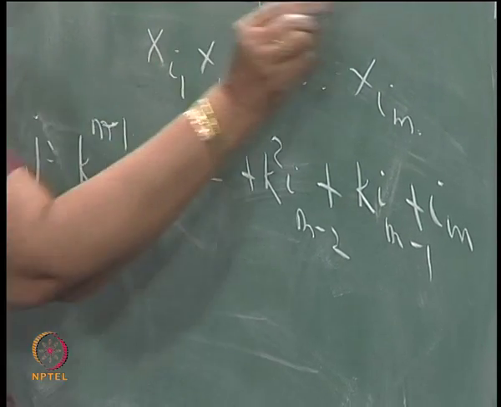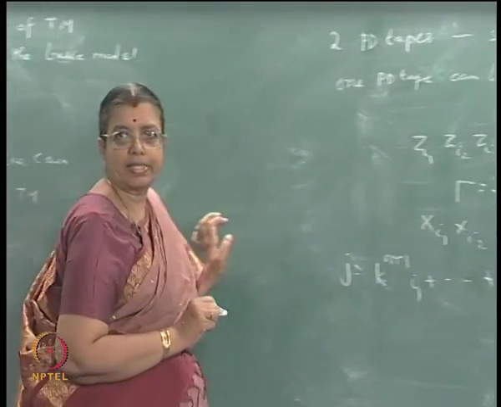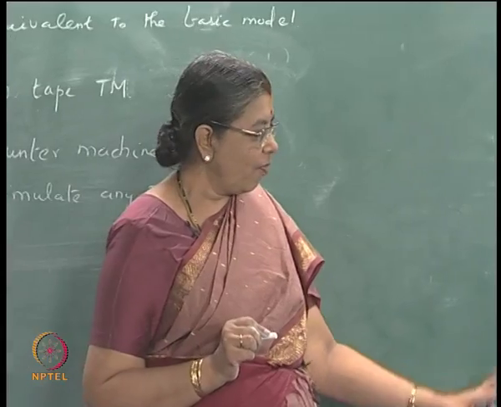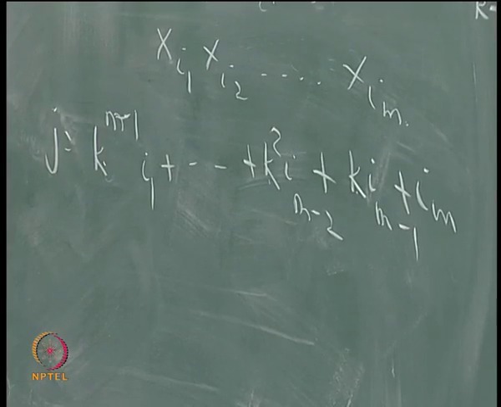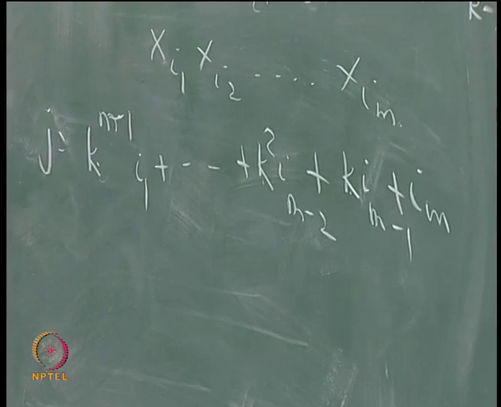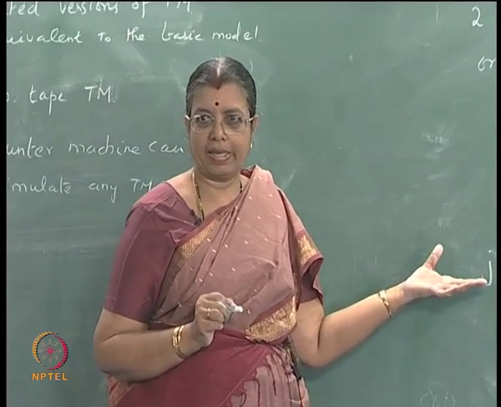You take the base k and write this. Now, from j will you be able to get I1, I2, I3 etc.? You can uniquely get back the string.